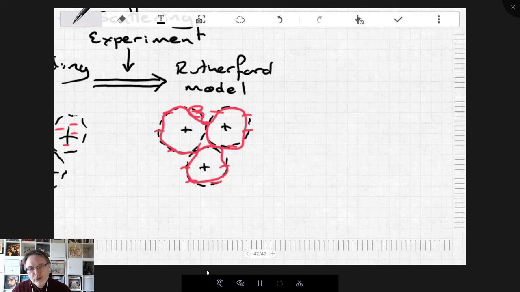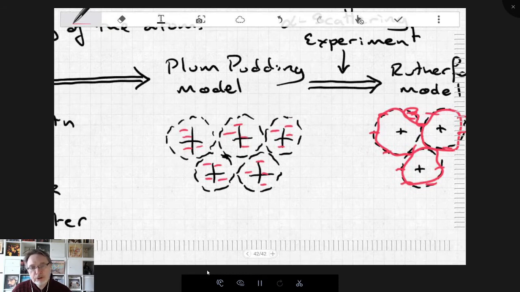The reason that we got the definition of current wrong was because at the time when we defined it, the plum pudding model was the model of the atom, and in that model, positives or negatives or both could equally move through the material.